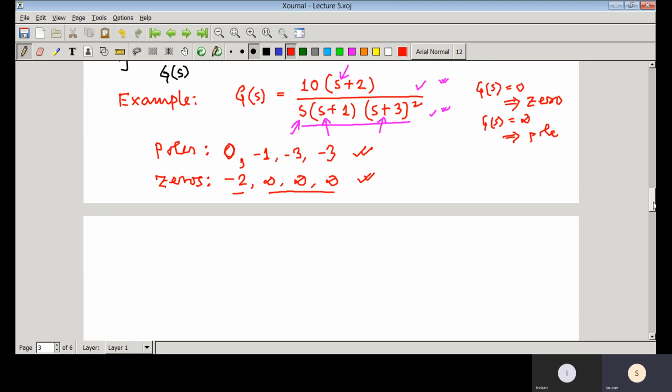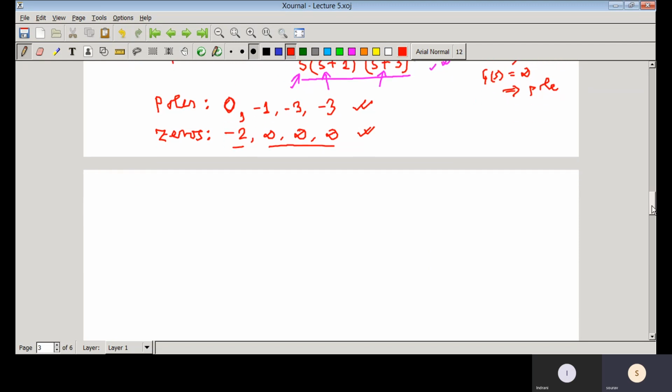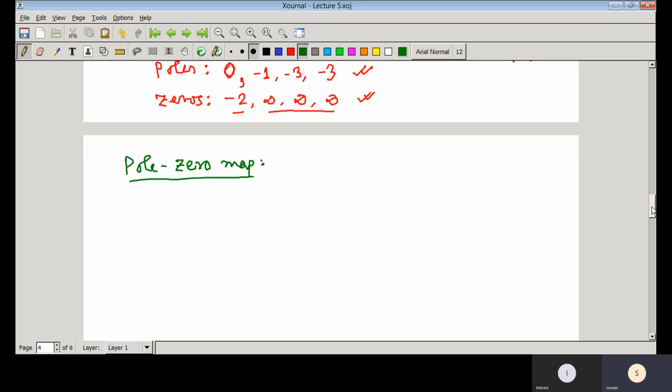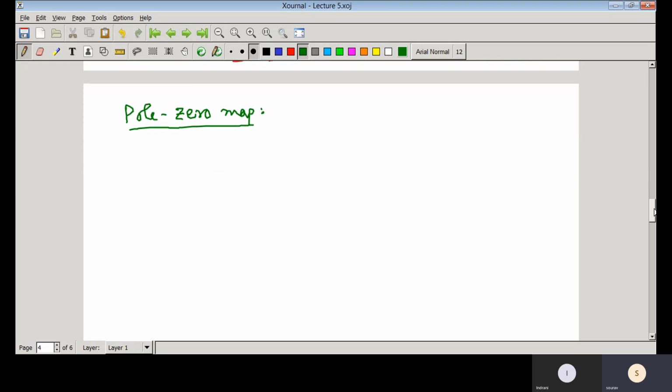you can show the location of poles and zeros via the pole zero map. This particular map is used in control systems. From this map one can understand where the locations of poles and zeros are for a given rational function.